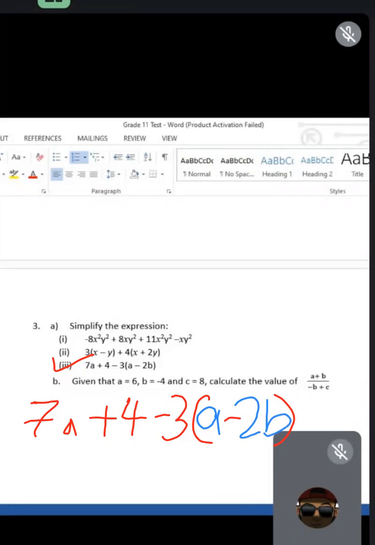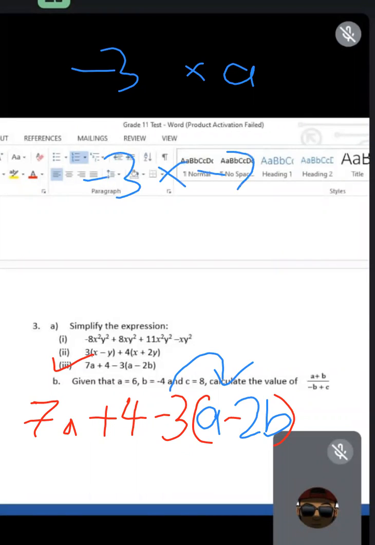So this minus 3 is multiplying everything in here. So we're going to have minus 3 times, whoops, I wrote minus 3a. Minus 3 times a, and then of course, we're going to have minus 3 times minus 2b.